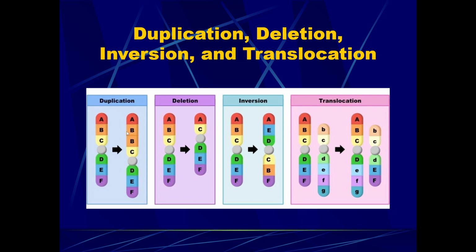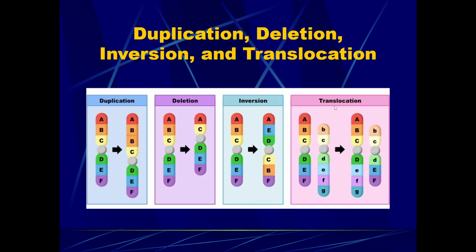Duplication, we have two of gene B, and that's going to create a longer chromosome than what is generally read. Deletion, we're going to get rid of gene B. That's going to create a shorter chromosome than what is normally read. Inversion, we're going to flip the chromosome so that it's oriented with some of the genes that were on the bottom up top and some of the genes that were on the top down below.